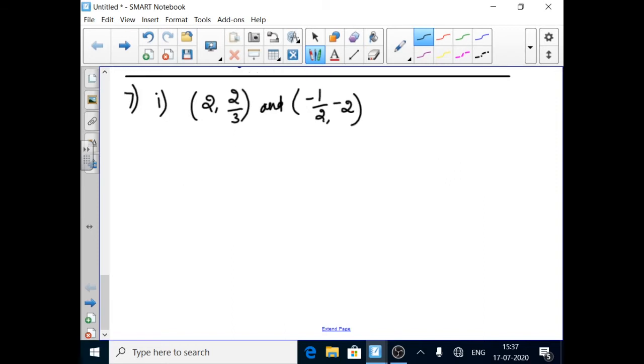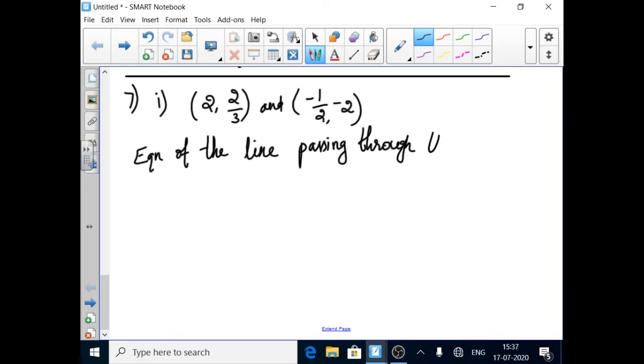So the equation of the line passing through the points 2 comma 2 by 3 and minus 1 by 2 comma minus 2.